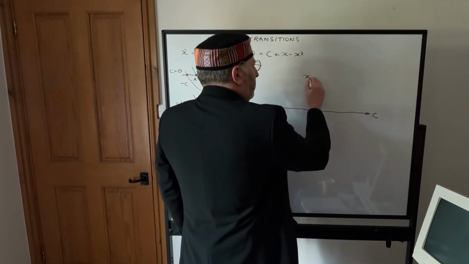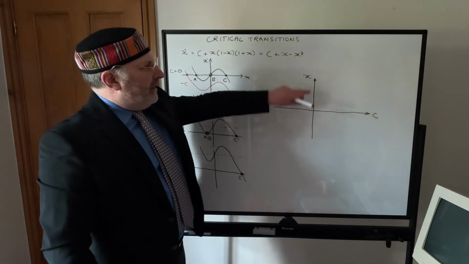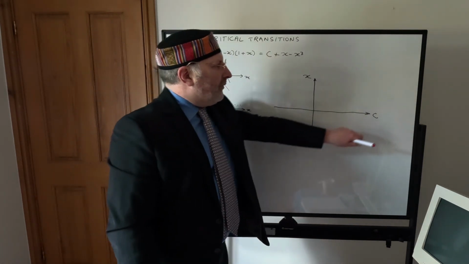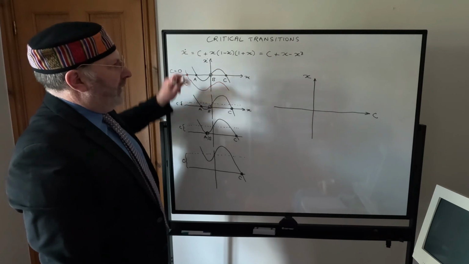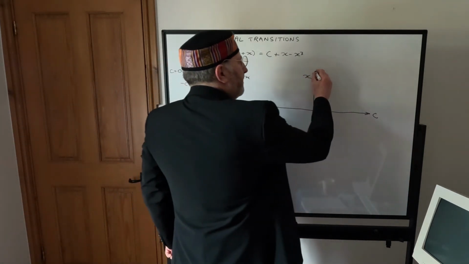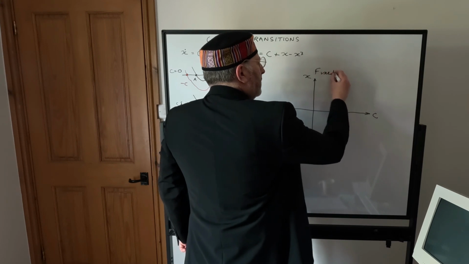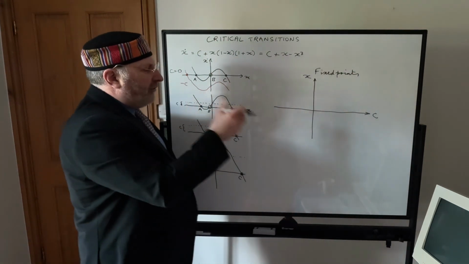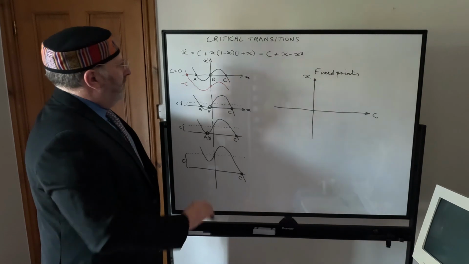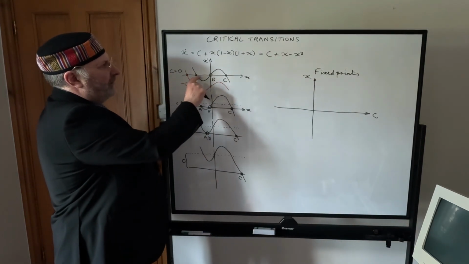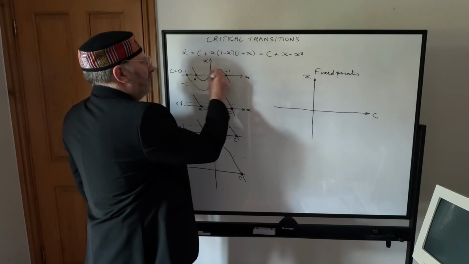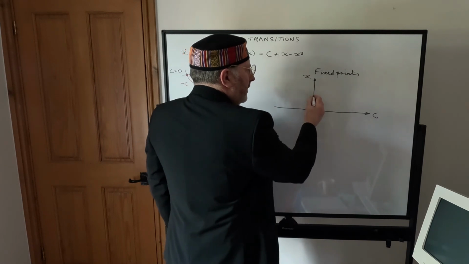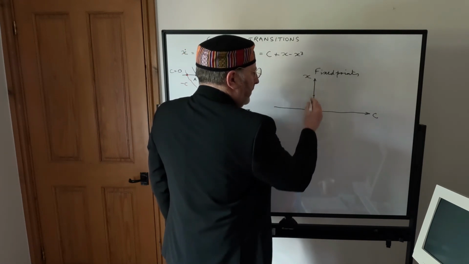It's slightly confusing because I'm going to put x on the vertical axis now, against the constant c here. So we're going to plot where the fixed points are, x as a function of c. Well, when c was 0, we had them at +1 and -1, if you recall. So when c is 0 here, they were at +1 and -1.